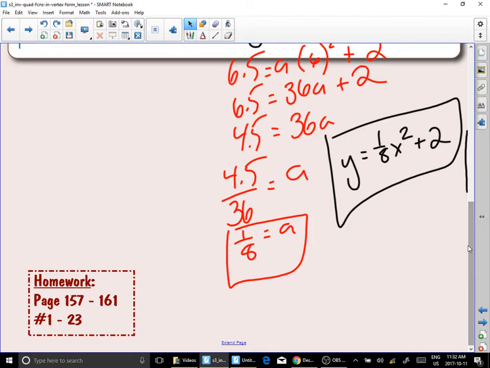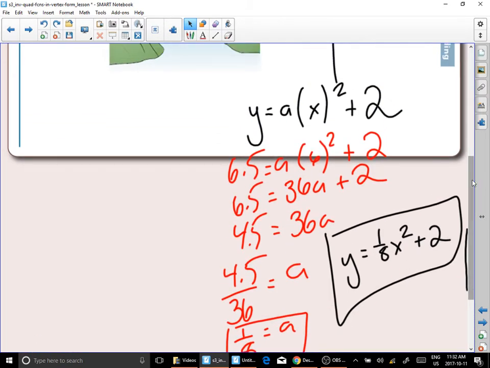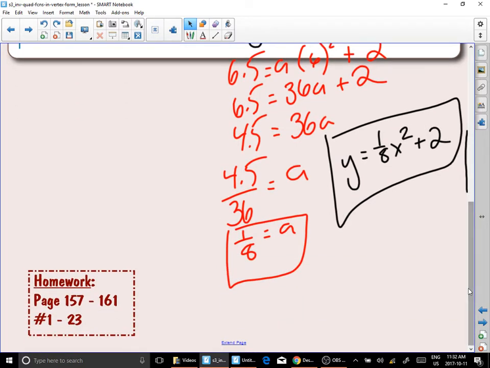We have to algebraically solve for the value of a, and then once we do, plug it back into this equation right here. And that gives us an equation that models the parabola. Now, understand this. The assumption that we would make is that the rope is tight enough that both sides of it are symmetric, and also they form the shape of a parabola.